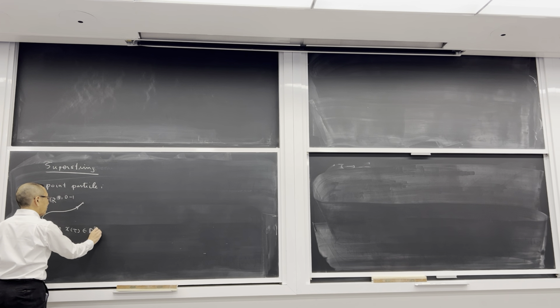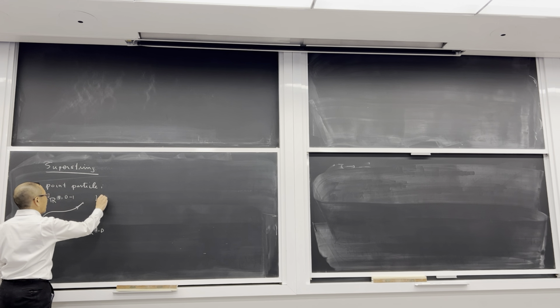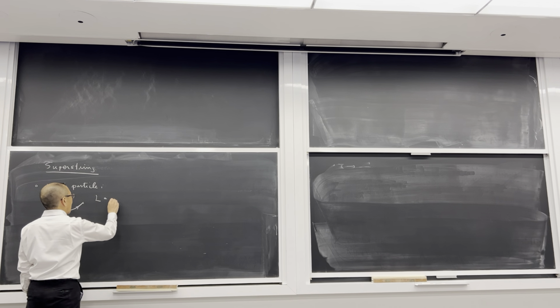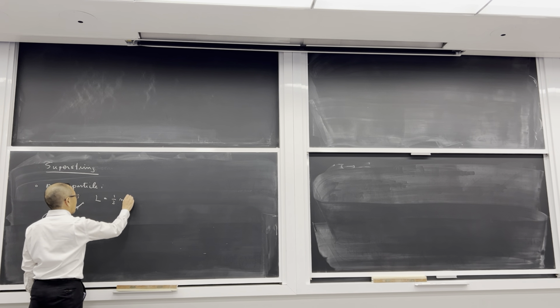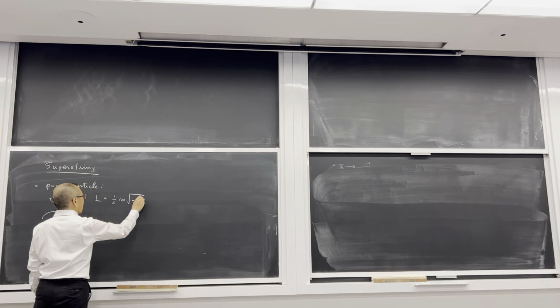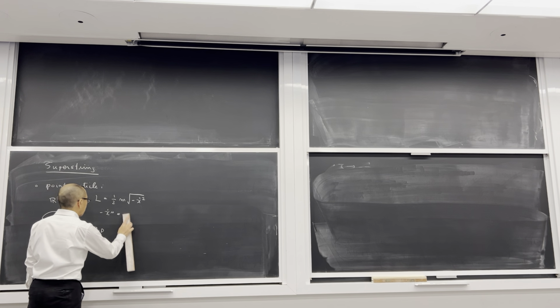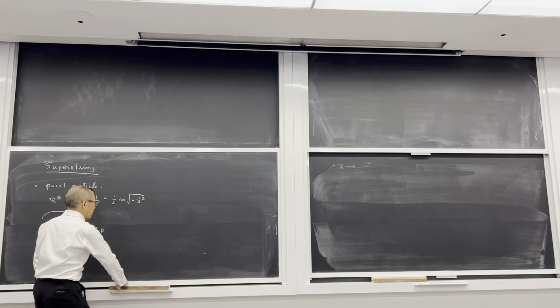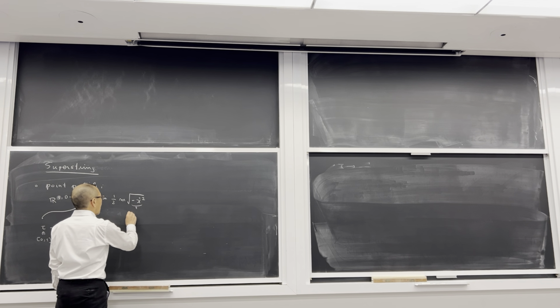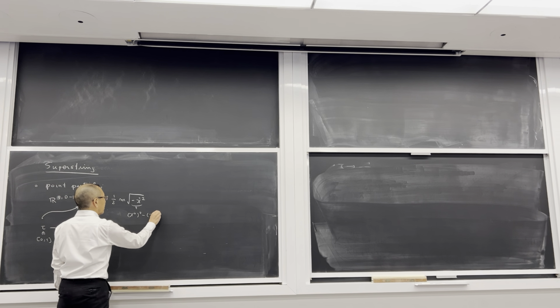And if it is Minkowski space, for example, then the Lagrangian is described by the mass times the square root of 1 minus x dot squared, where x dot mu squared is equal to x0 squared minus xi squared.